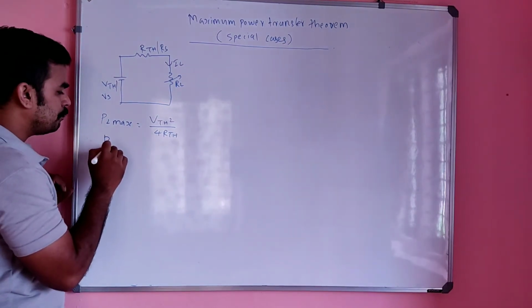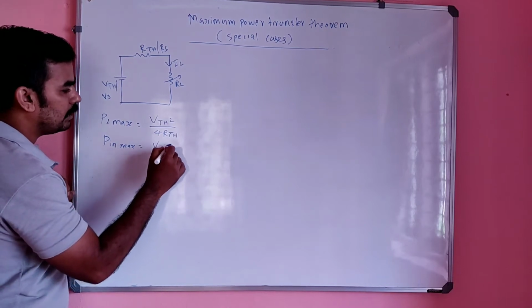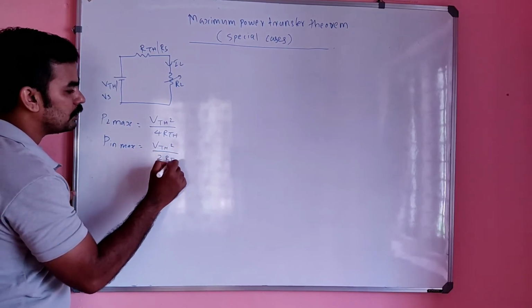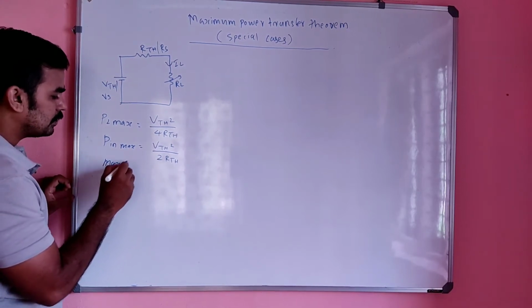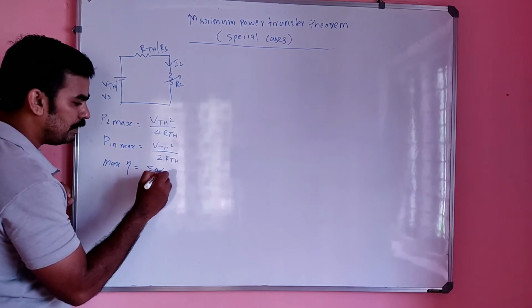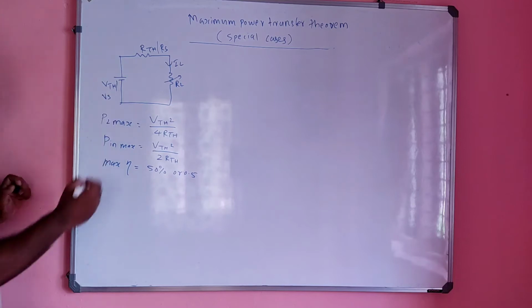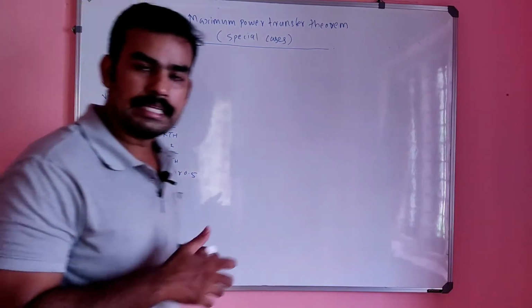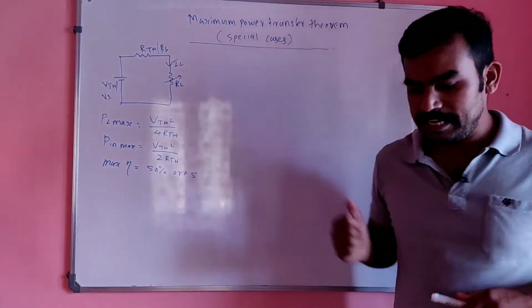And the maximum input power, P input max, will be equal to V Thevenin squared divided by 2 times R Thevenin. And the maximum efficiency will be equal to what? 50% or 0.5. So these are the terms we already studied regarding the DC maximum power transfer theorem.